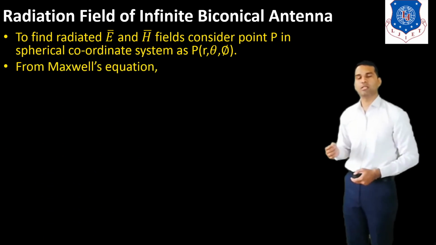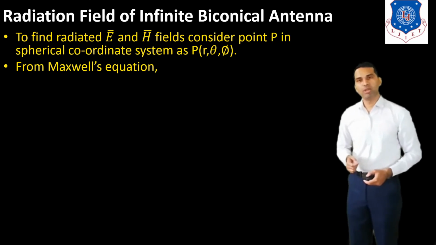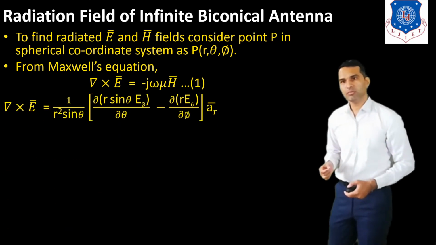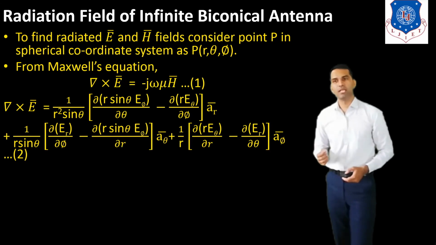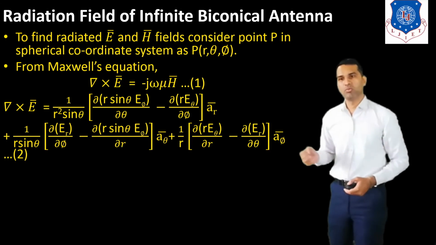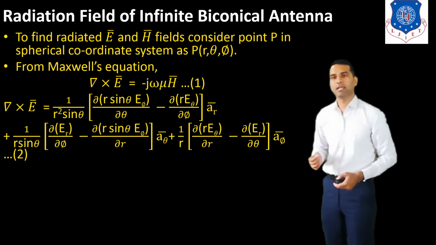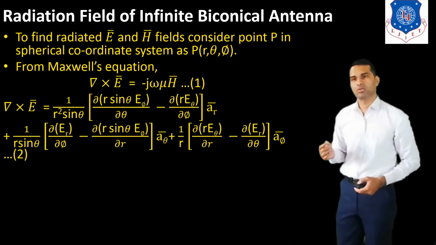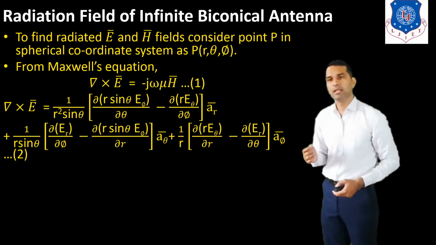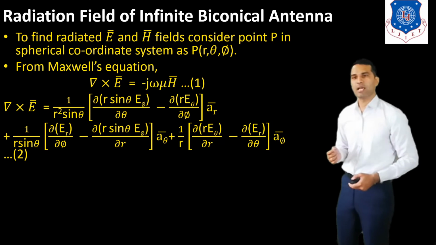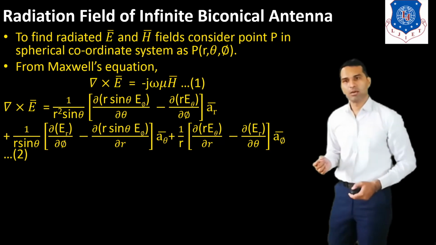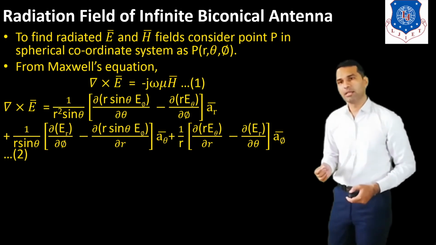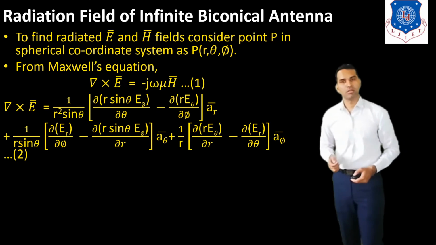From the Maxwell equation, we can write del cross E is equal to minus j omega mu into H. When we put in the value of E, we can write 1 upon r squared sin theta [del (r sin theta E_phi)/del theta minus del (r E_theta)/del phi] a_r, plus the a_theta component 1 upon r sin theta [del E_r/del phi minus del (r sin theta E_phi)/del r] a_theta, and the last one, the a_phi component, is 1 upon r [del (r E_theta)/del r minus del E_r/del theta].